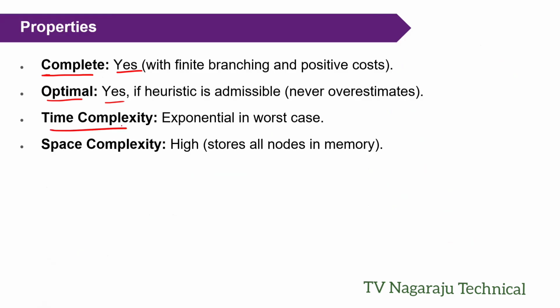Time complexity: you need to expand multiple branches, so obviously we have exponential time complexity. Space complexity: you have multiple nodes, so obviously more memory is required.